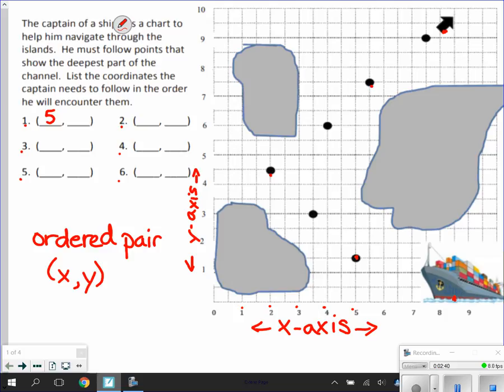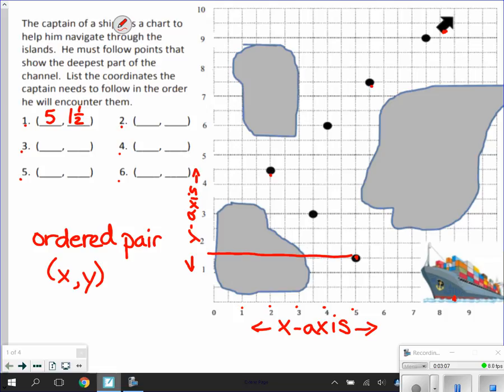Now I want you to look and see, even though you've got a landmass in the way, when it comes across, is it on the 2? Where is it located? What is in between 1 and 2? It's at 1 and 1/2.